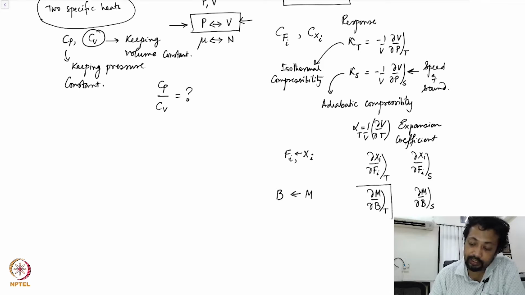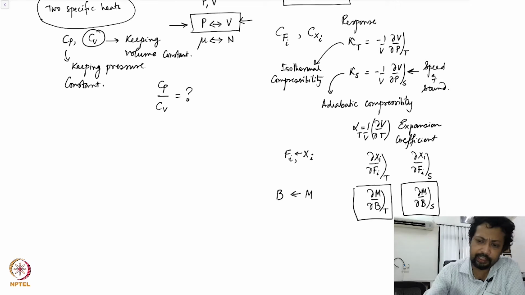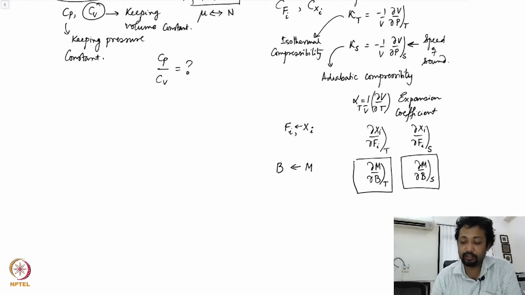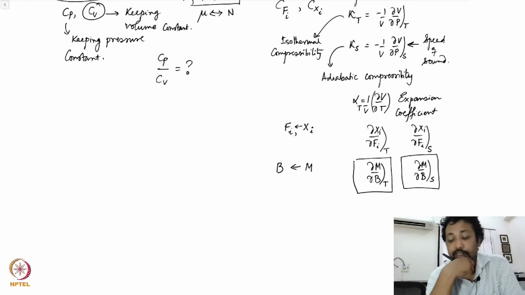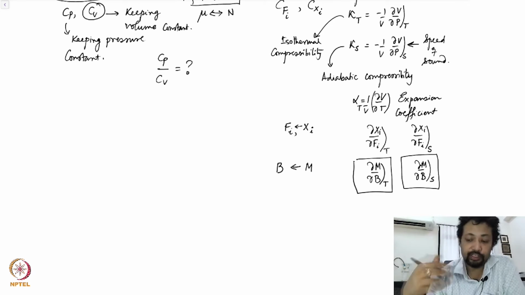This quantity is called the magnetic susceptibility. This is the adiabatic susceptibility, this is the isothermal susceptibility. Typically in experiments, it is always the isothermal susceptibility which plays a role.